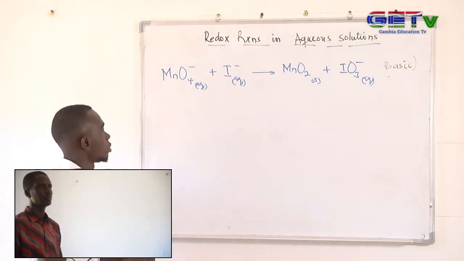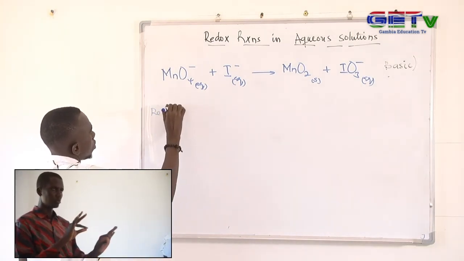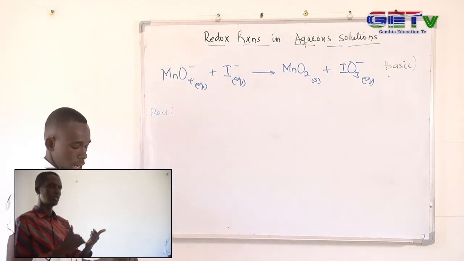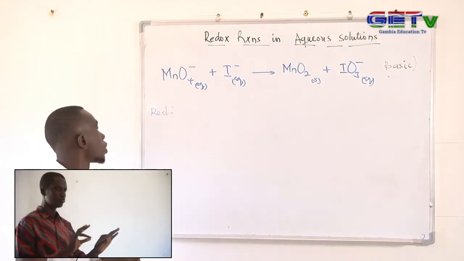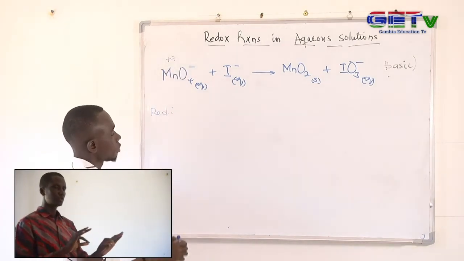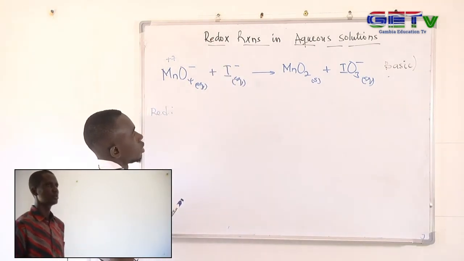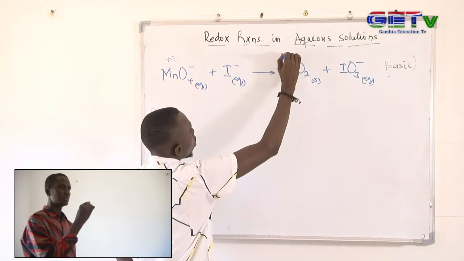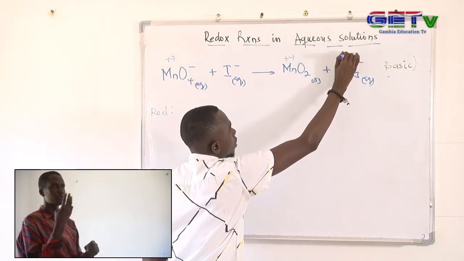Now again, we will first identify the reduction side, and after we balance also the oxidation side. Now manganese here is plus 7, iodine here is minus 1, manganese here is plus 4, and iodine here is plus 5.